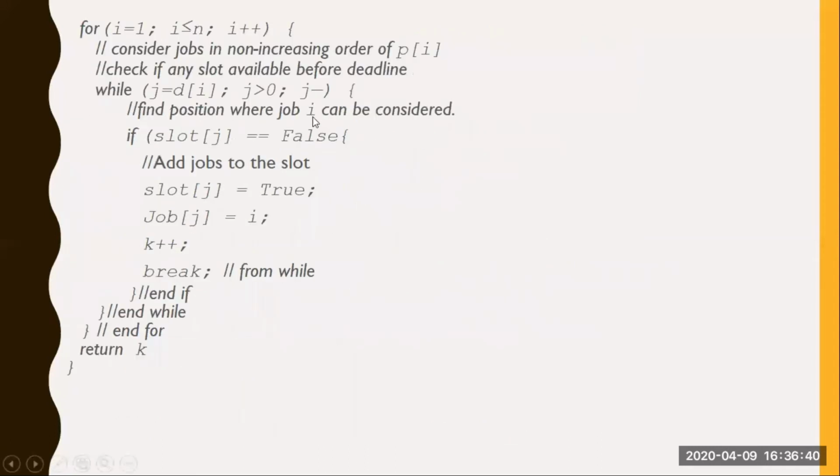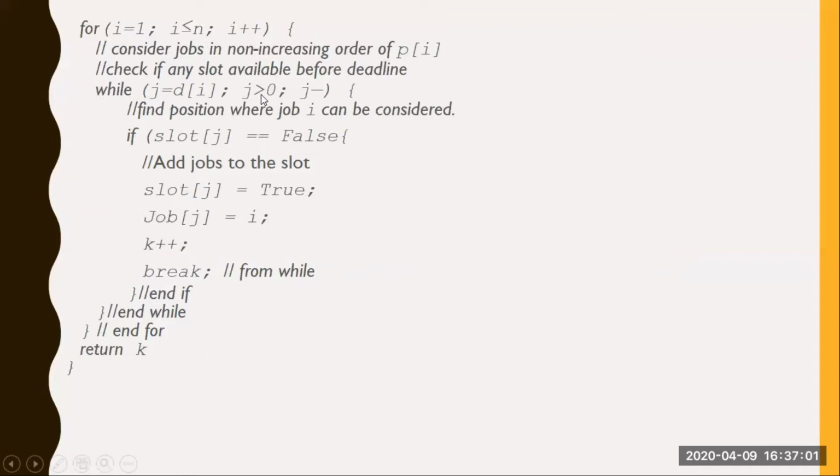Now, for i equal to 1, i less than or equal to n, I have to fill each and every slot, so I check each time. I'm going to take the deadline of that particular object, the first object, as the position.